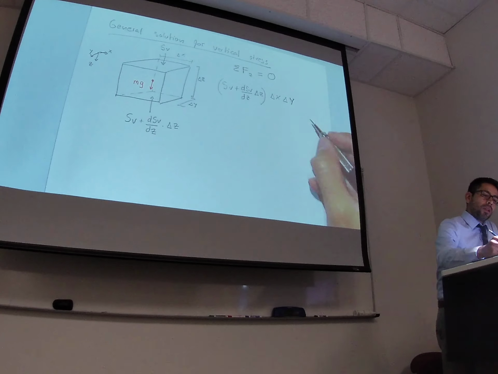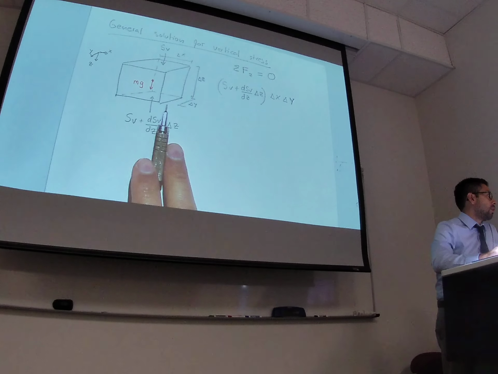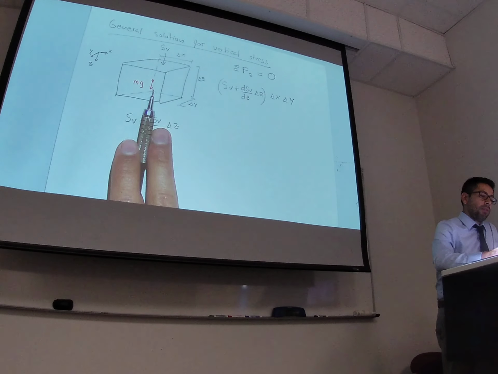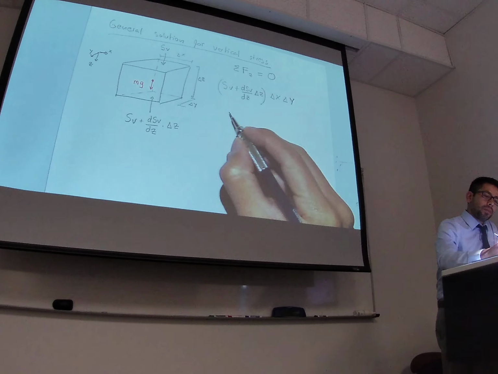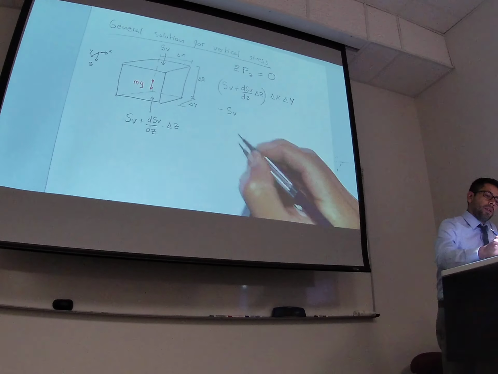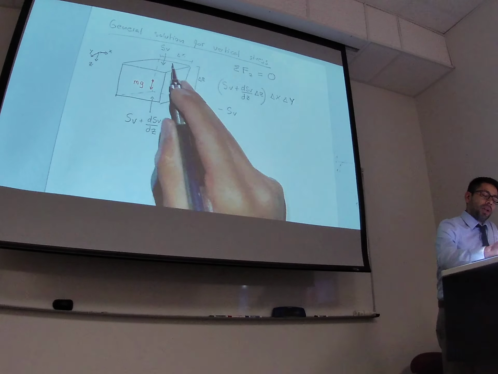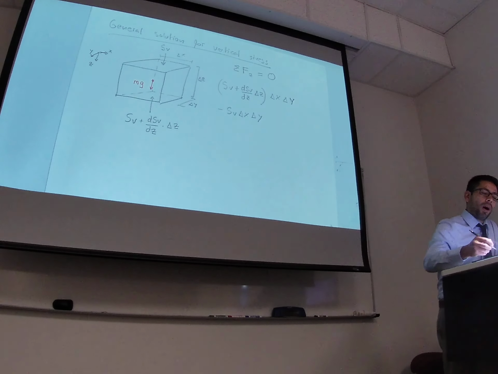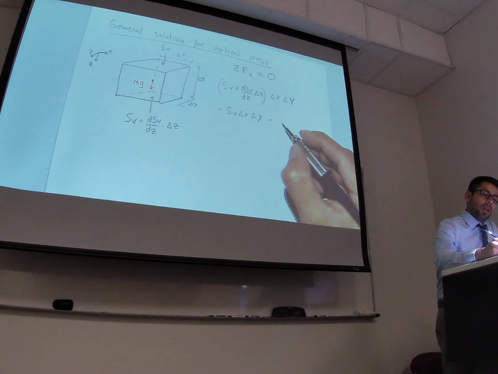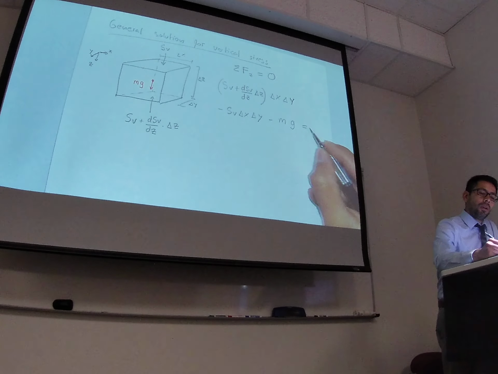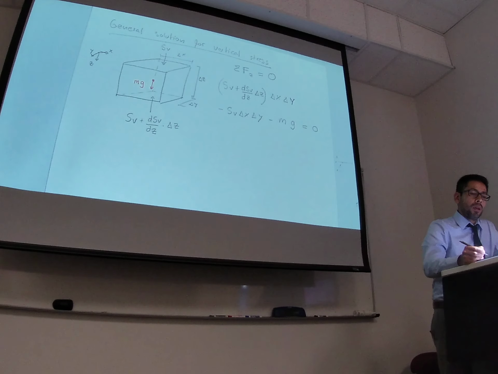And to that, I'm going to add the forces which are going the other direction. And this one is going to be SV, also applied on the same area, delta x delta y, and mg. And all of that should be equal to 0.